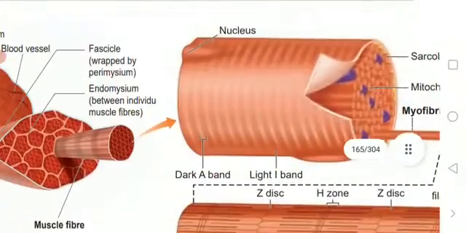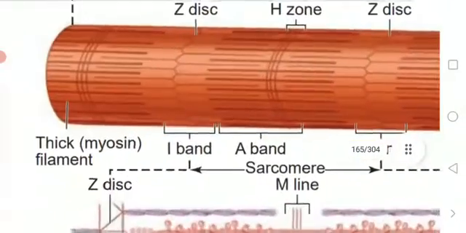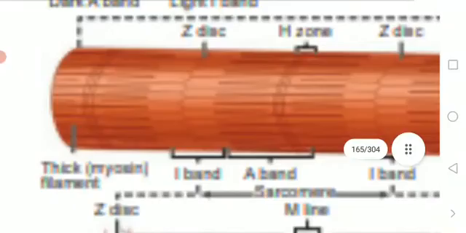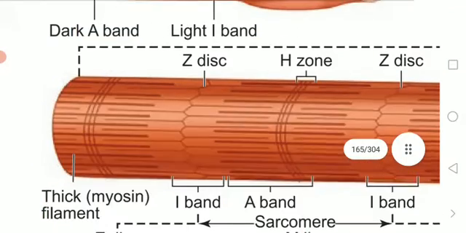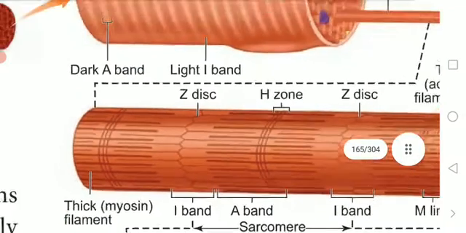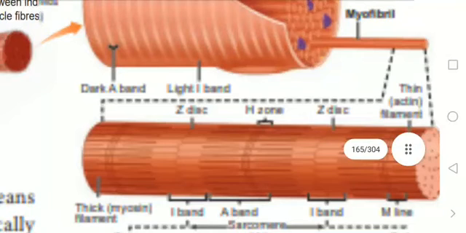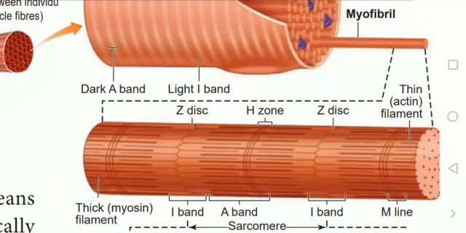This is what we call a dark band and a light band. Can you all see the dark band and light band? The dark band is called the A band, that is the anisotropic band. And the light band we call the I band, that is the isotropic band. They will ask you one word.